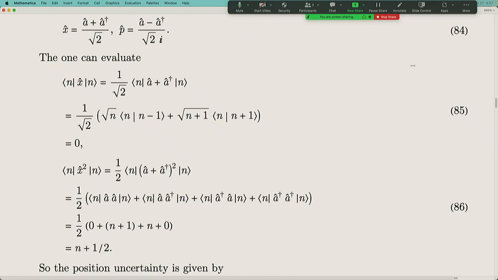The same argument applies to n+1, because when you apply a dagger to n, you create one particle. So no matter whether you annihilate or create, you don't end up with the same particle number, so that is automatically orthogonal to the original n state, and these two scalar products vanish. So regardless of the factors in front, the answer is 0.